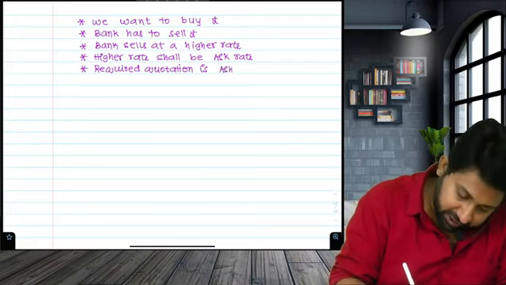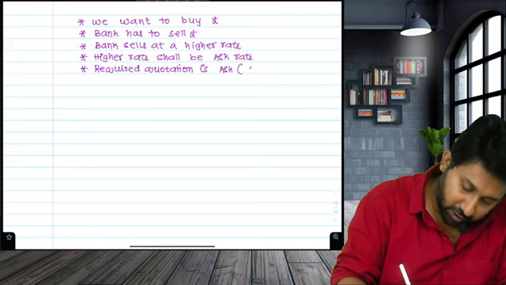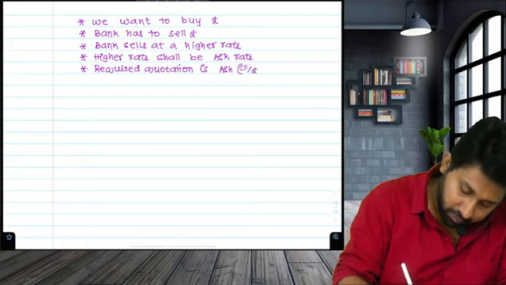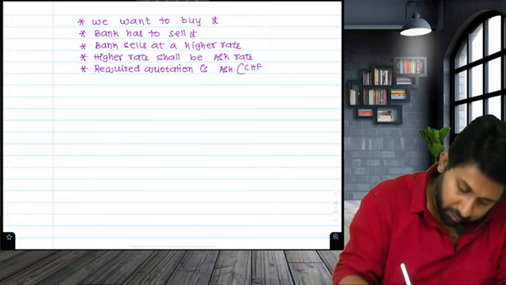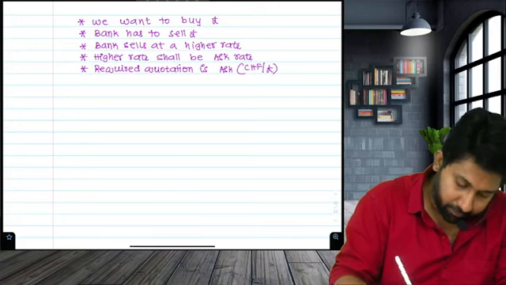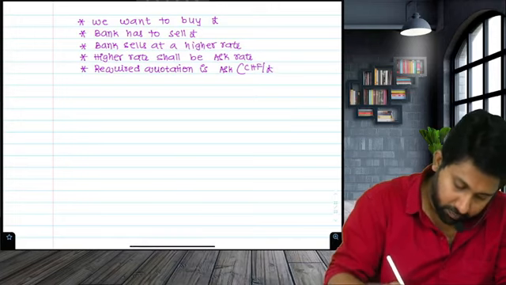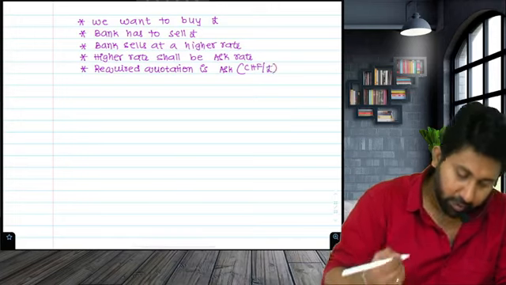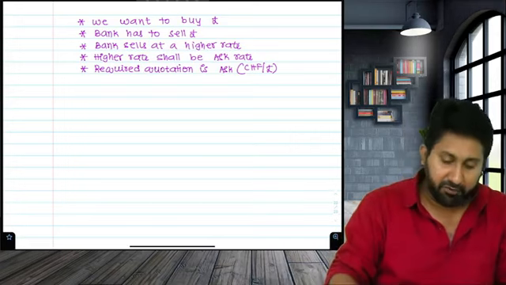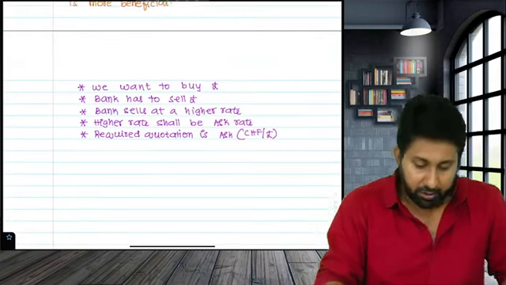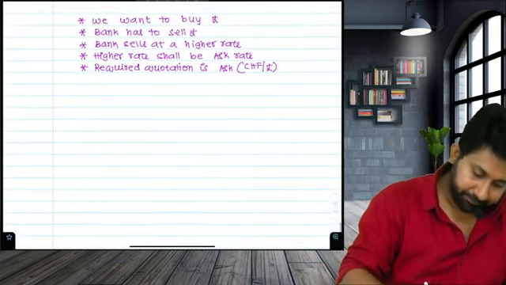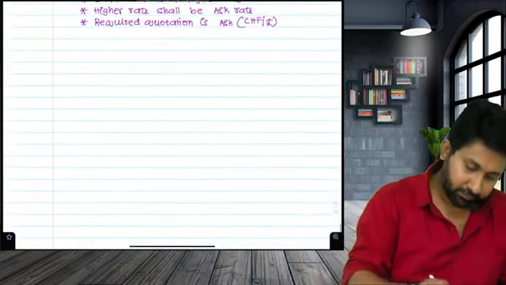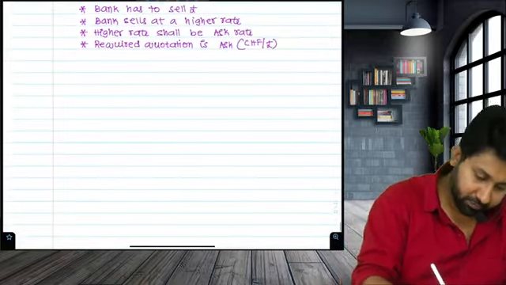Therefore, the required quotation is the ask of CHF by pound. Okay, this is the quotation we want. First, write down.